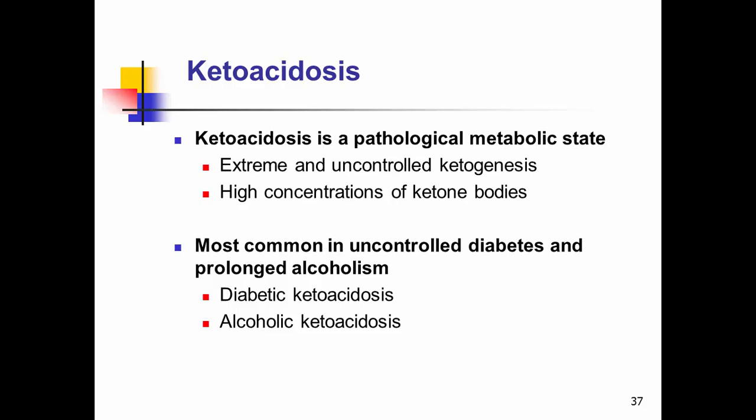But ketogenesis can also happen during pathological conditions. Ketoacidosis means we have extreme or uncontrolled ketogenesis, at a rate much higher than dietary ketogenesis, so the body generates very high concentrations of ketone bodies.